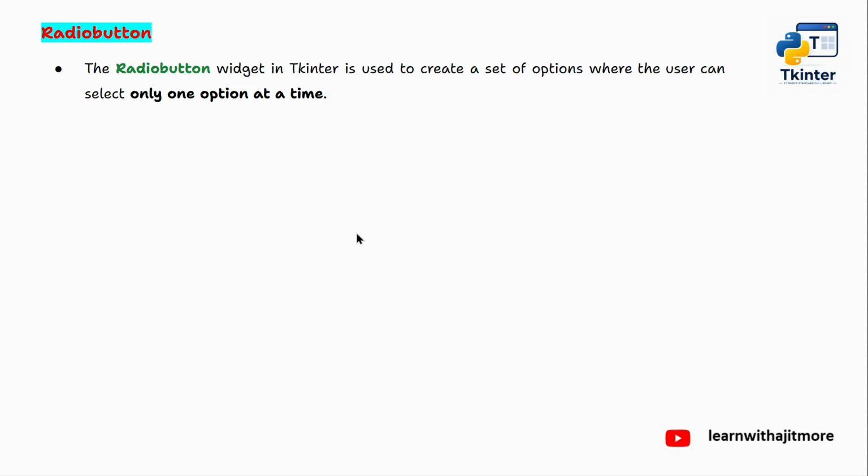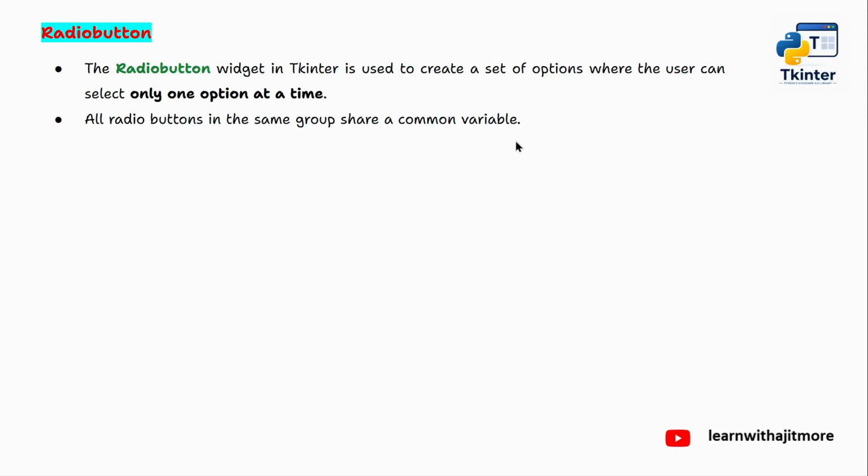The moment the user selects any one, the previous selected one will get deselected, and the newer one gets selected. And with every radio button label there is a circle, and the selected one will have a dark dot inside it. Okay? All radio buttons in the same group share the same variable.